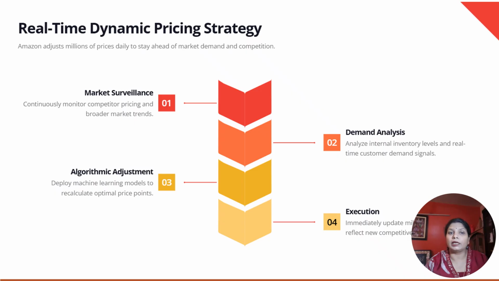Updated prices are immediately applied across millions of product listings, allowing Amazon to respond almost instantly to changes in market conditions. Together, this closed loop process demonstrates how predictive and prescriptive analytics work in real time to support pricing decisions and enables Amazon to remain competitive while maximizing revenue and operational efficiencies.